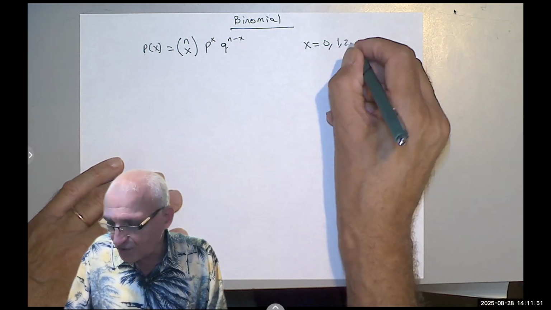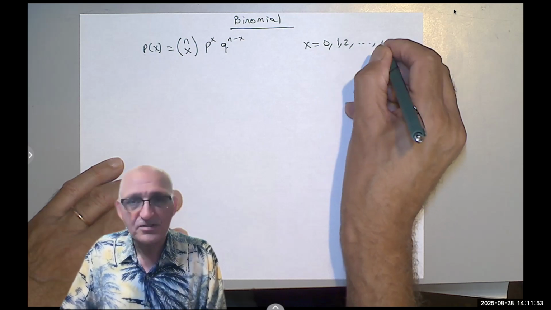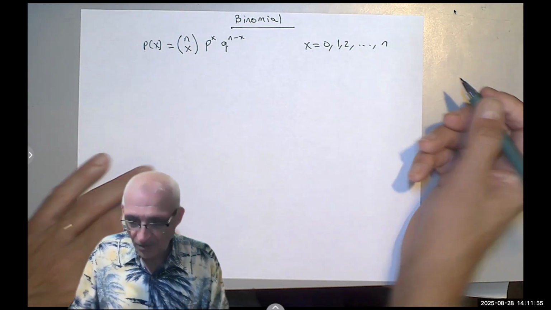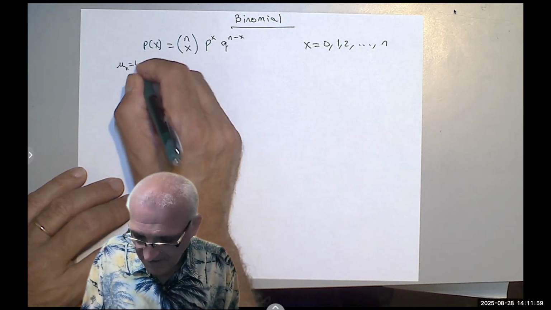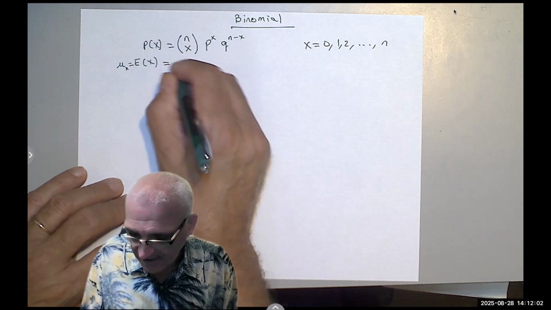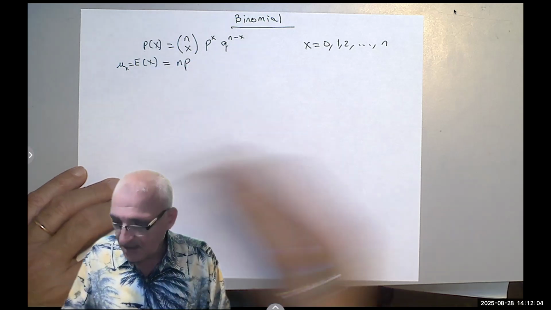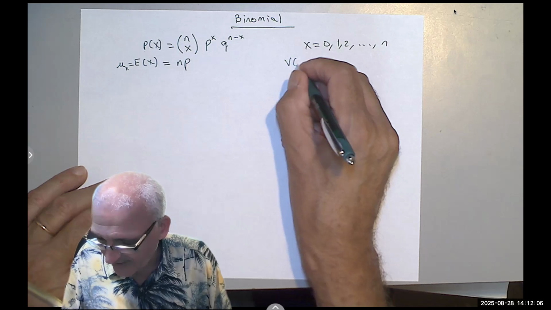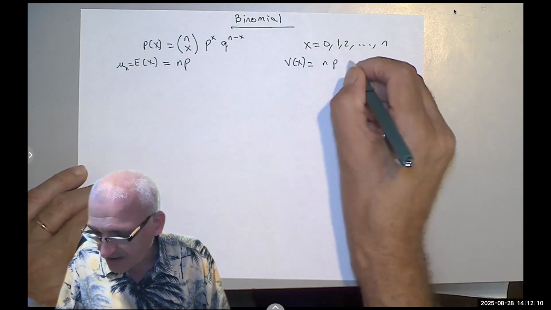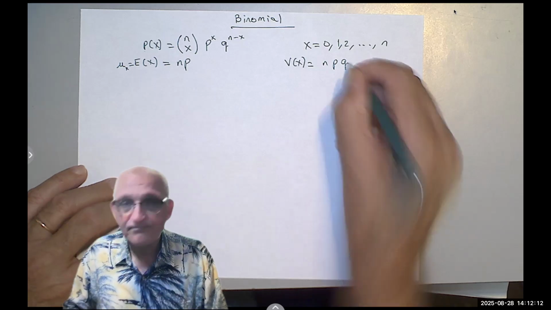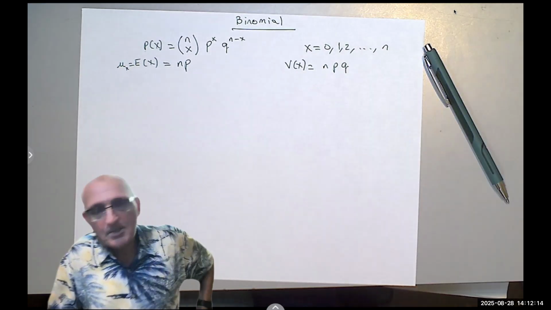You can get 1, 2, and no more than n, if all of them are successes. We said that mu, the expected value of x, is np for the binomial, and the variance of x is n times p times 1 minus p. Okay, that's the binomial.